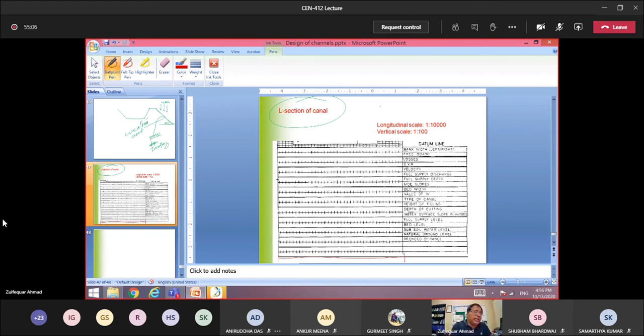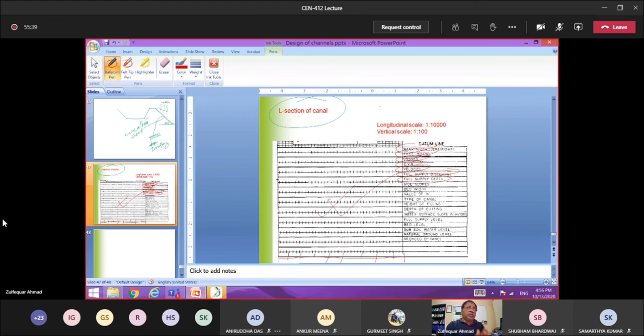Then at the different locations, you have to provide complete information: what is the bank width, what is the freeboard, how much is the loss, what is the critical velocity ratio, let us say in the case of the Kennedy method, what is the velocity, what is the full supply discharge, what is the full supply depth. This sheet, if available with you, provides complete information at the different locations of the canal.